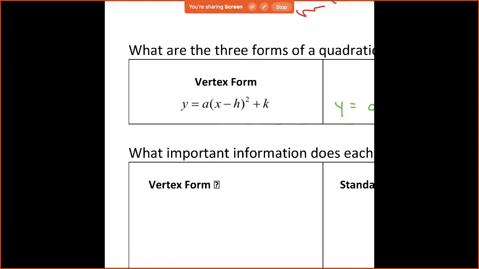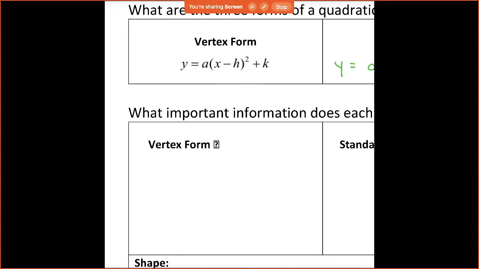So the first one is vertex form. We have y is equal to a, and then in parentheses we have x minus h, squared, outside the parentheses, and plus k. This is the one that is very useful for transformations, just like we did with absolute value. Okay? This will give us our horizontal shift.